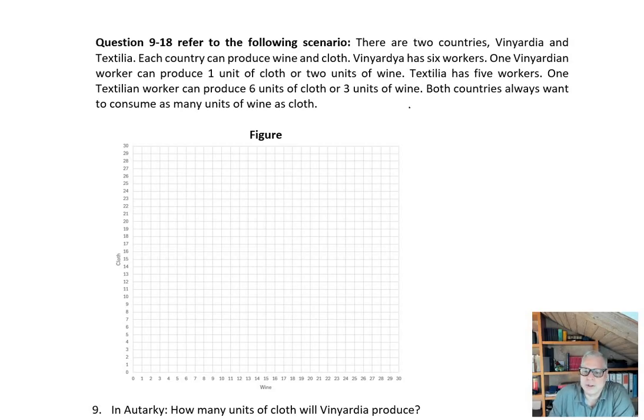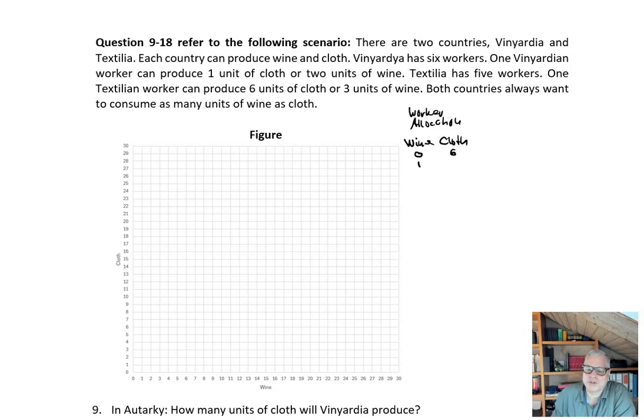So I just called it worker allocation. So we can allocate the workers towards wine and towards cloth. Well, I can tell nobody works at wine, but then everyone works at cloth.